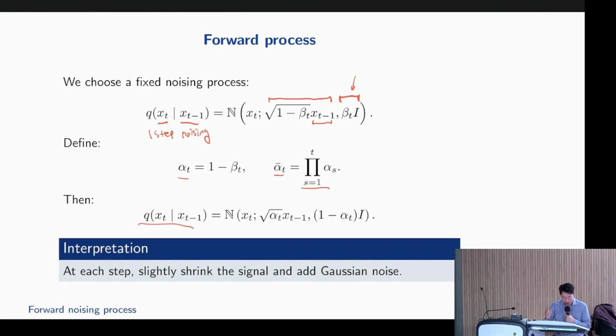So the interpretation is we're going to slightly shrink the signal towards 0 and add Gaussian noise. That's our noising process. Here, notice there's no parameters here. And we're going to use the neural network to mimic this distribution, or essentially undo this distribution.